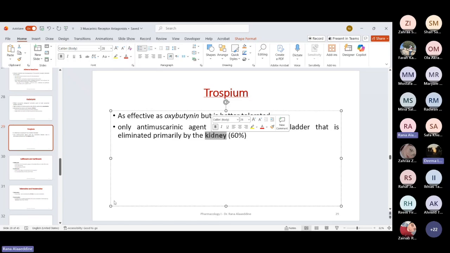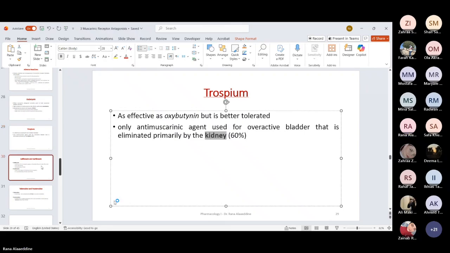Let's say someone who has some kidney failure. Can I give them this drug? No, because the drug will not be eliminated. 100% correct.